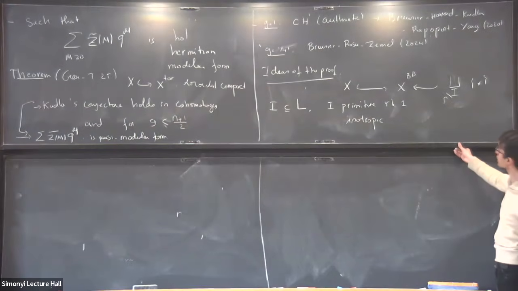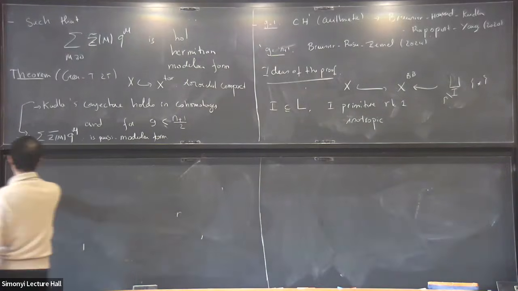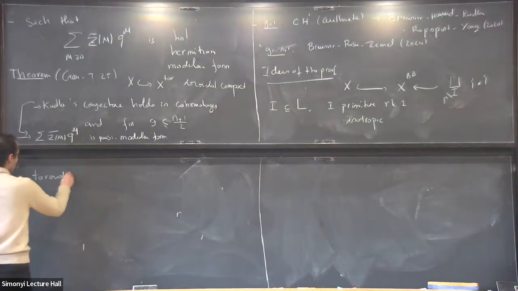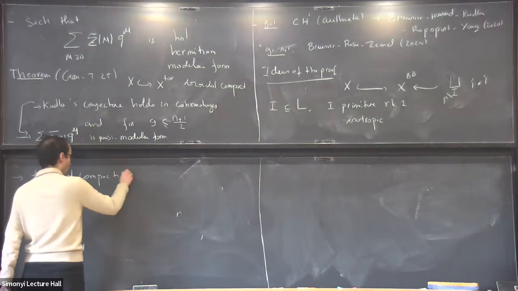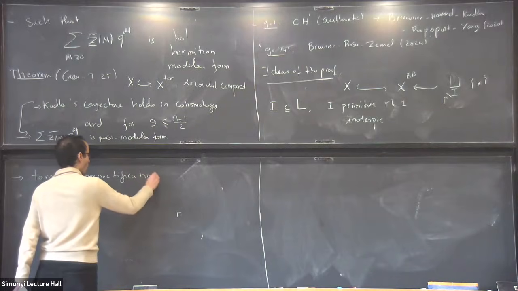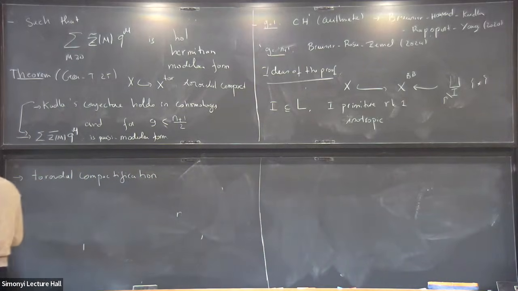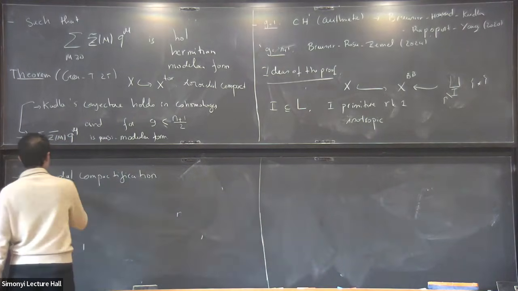So it's singular for n high enough. And the next compactification that we will work with is the toroidal compactification. This also happens to have a very simple structure, which is as follows.